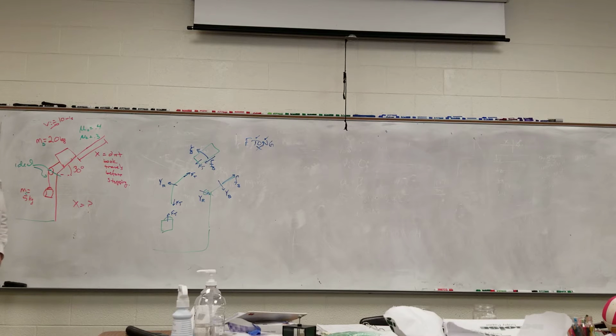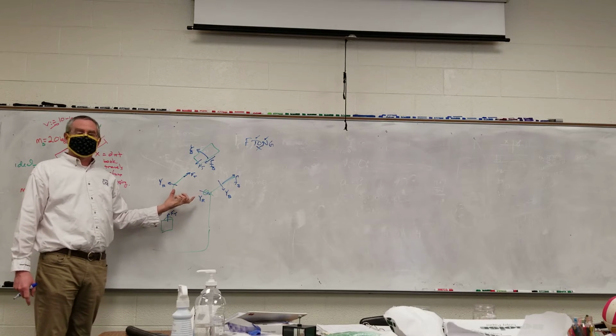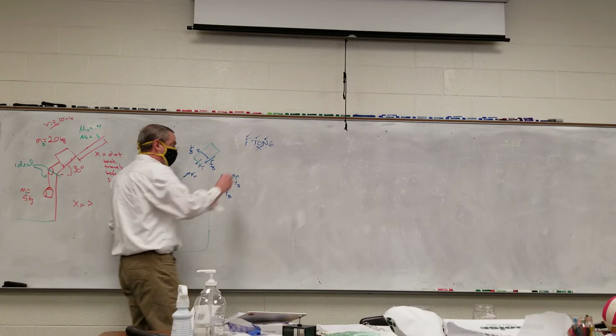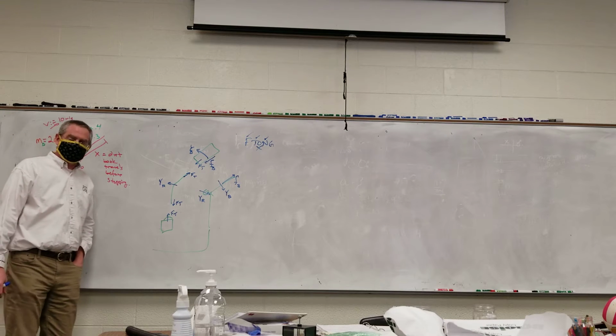You say that is the ideal pulley and rope, so that's it. Normal force is required for there to be friction, and I have only two pairs of normal forces. I have this pair and that pair. This one has no friction because of ideal nature, and that one we just did. So friction done. Saving the easiest for last, I guess I consider it the easiest.